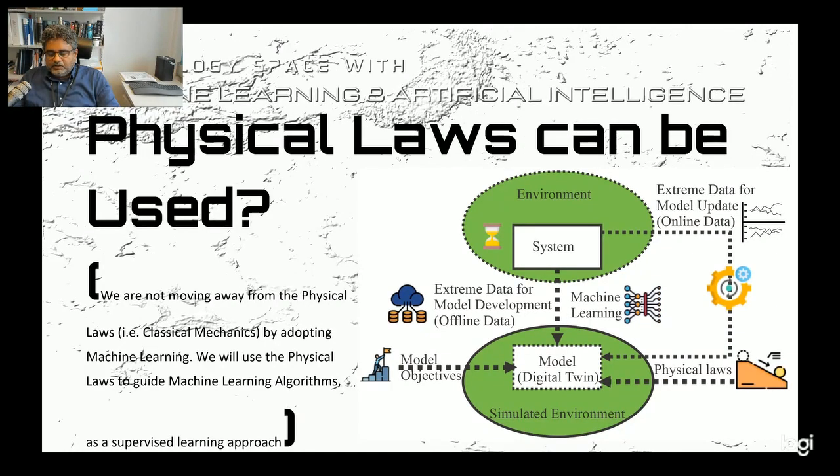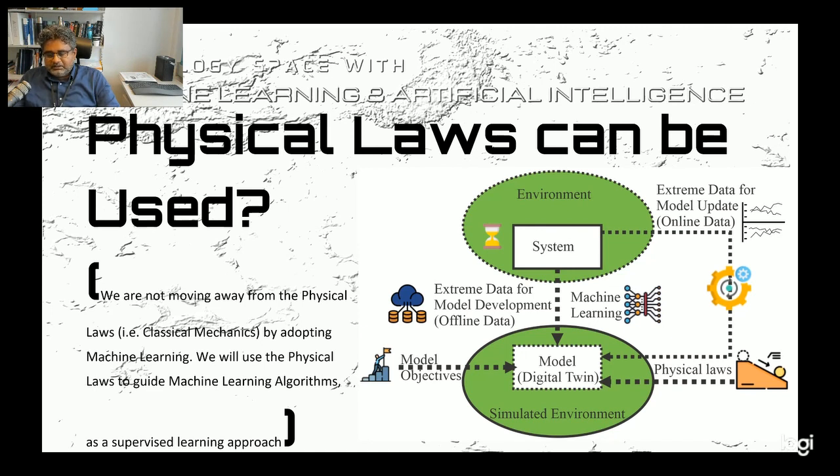As I have mentioned before, we are not moving away from the physical laws or classical mechanics, but we are adopting that domain knowledge into the machine learning. So when we're deciding how the neural networks in this type of digital twin model should look, the existing domain knowledge or physical laws will be utilized to understand and develop such neural network structures.